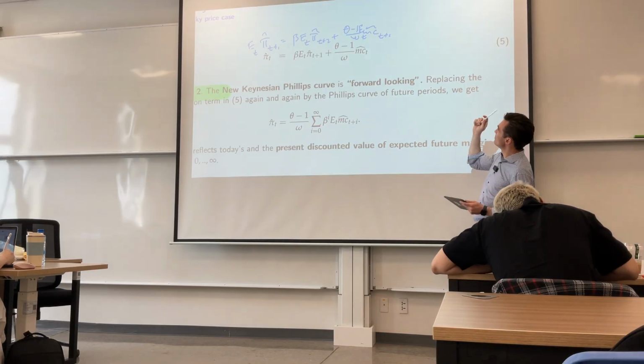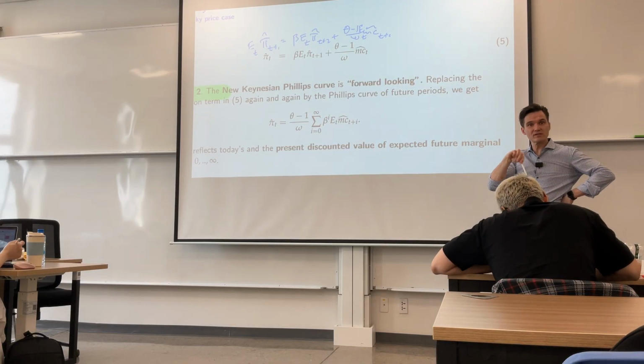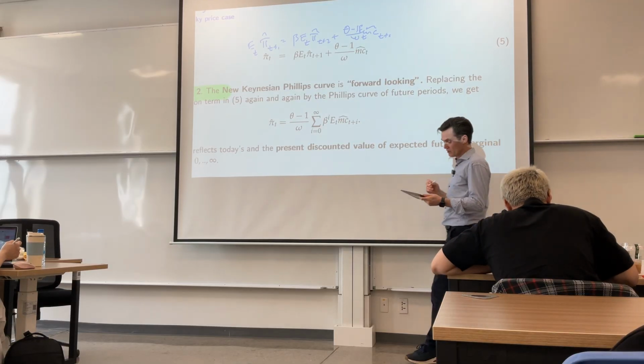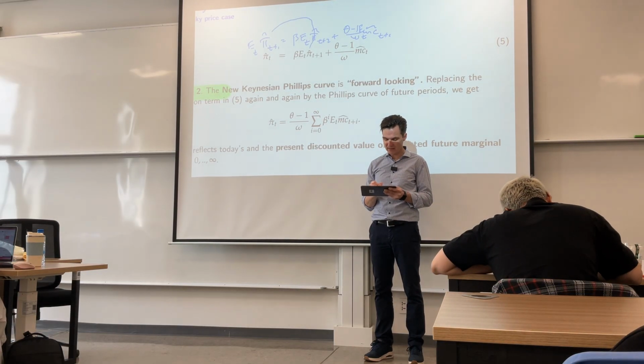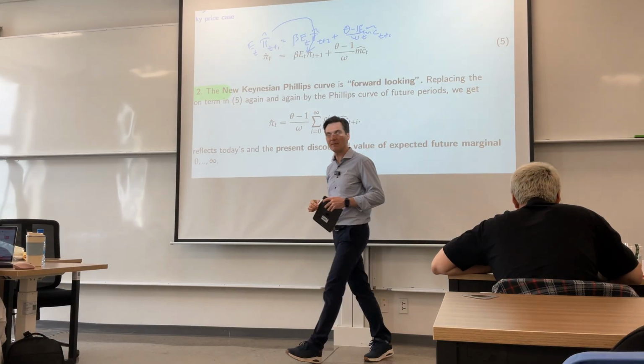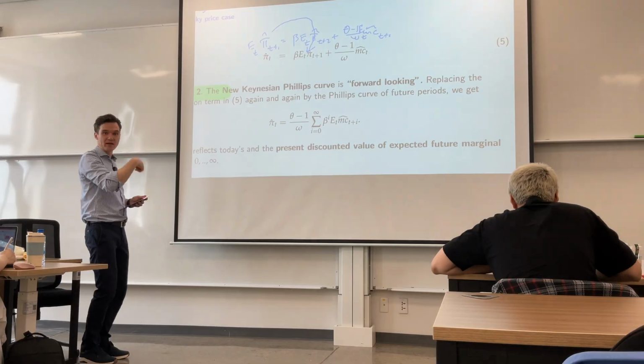So just move that equation one period forward, conditional on today's information set, E_t. And then what you do is you do repeated substitutions. You're going to take that and you're going to plug that in here. You're going to substitute out for pi hat t+1. And then you're going to keep doing that over and over again.